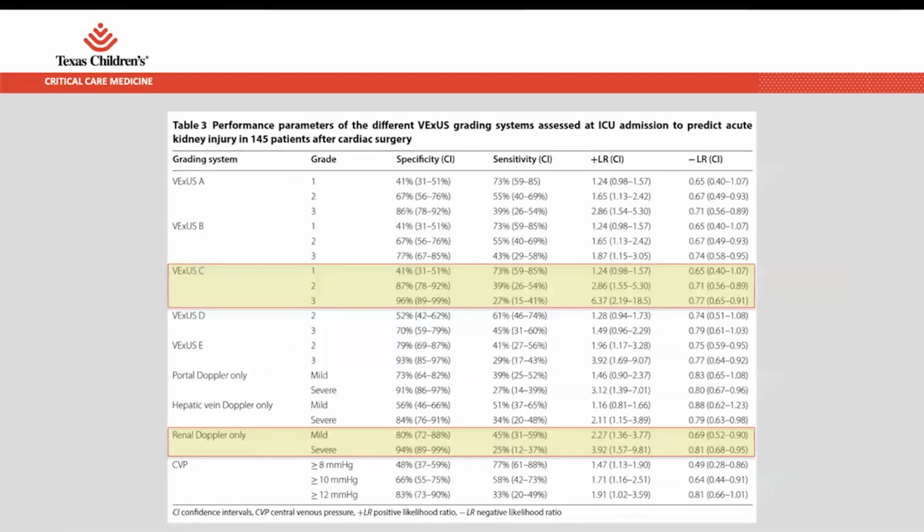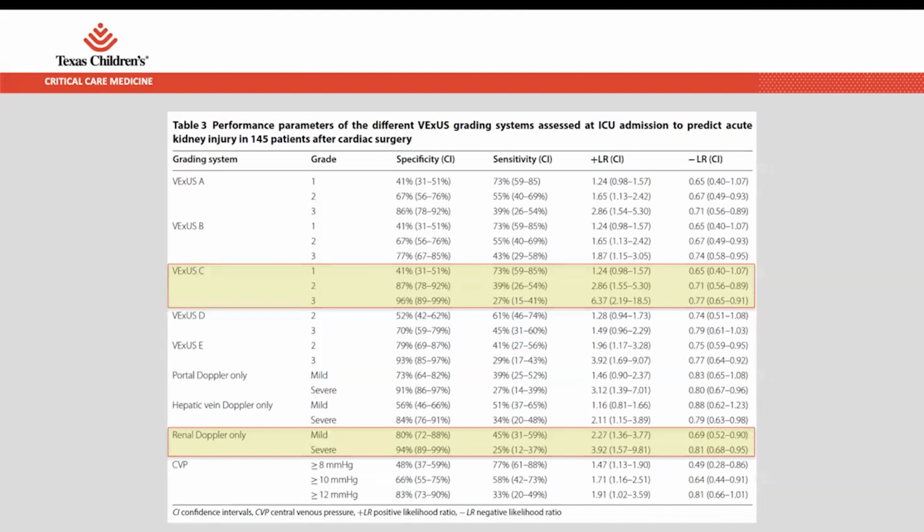So something to consider is that a lot of the literature being published now seems to suggest that one of these values is more useful than the other, and that's the renal Doppler. There are various issues, of course, with the hepatic vein that we've already talked about, related to RV failure.